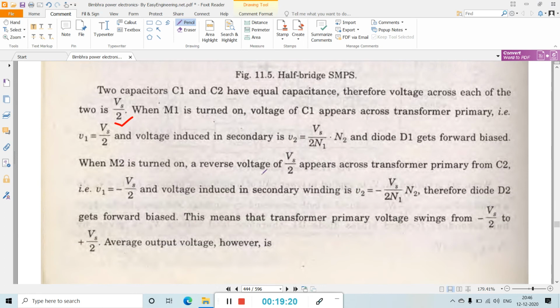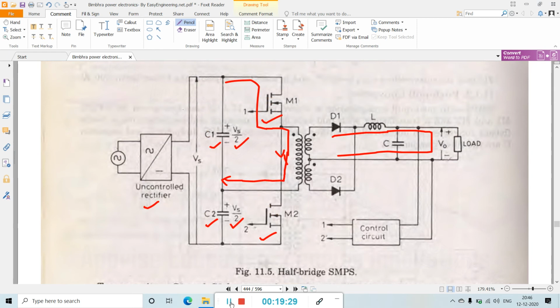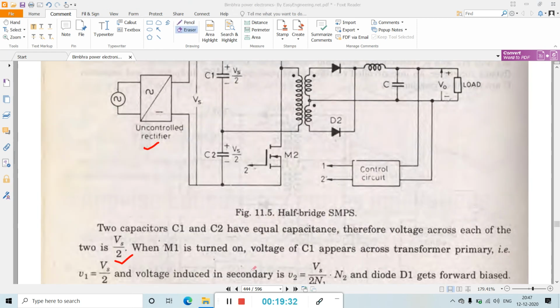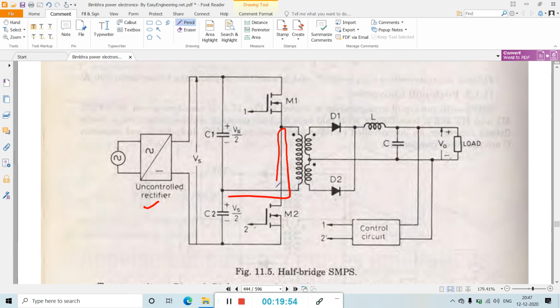When M2 is turned on, a reverse voltage of Vs/2 appears across the transformer primary from C2. The capacitor voltage across C2 appears across the transformer primary. This is the path through M2, coming back.